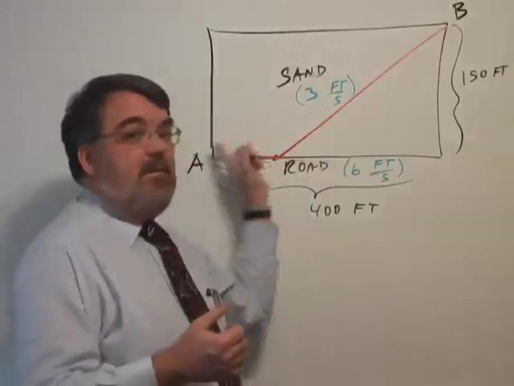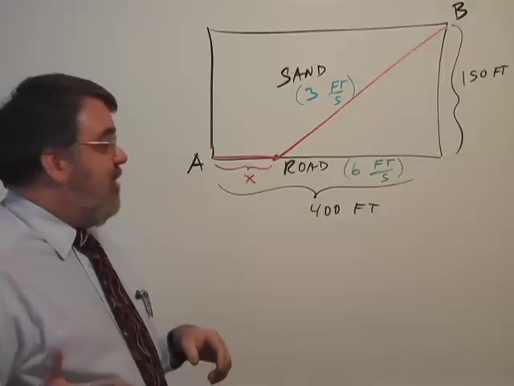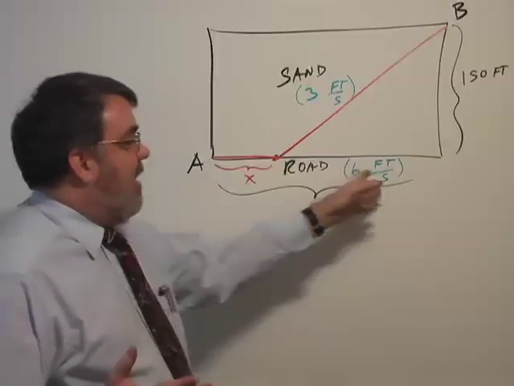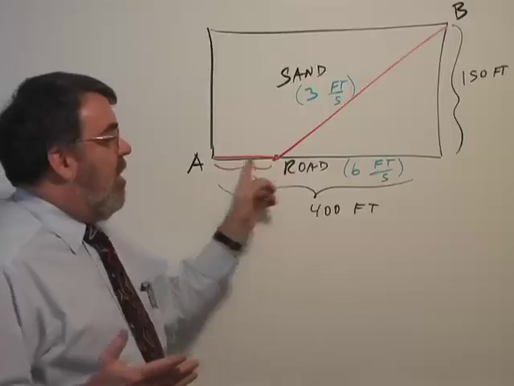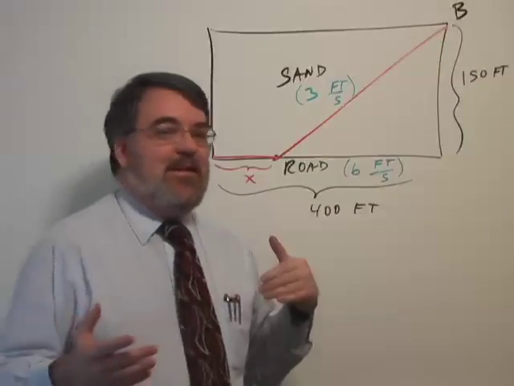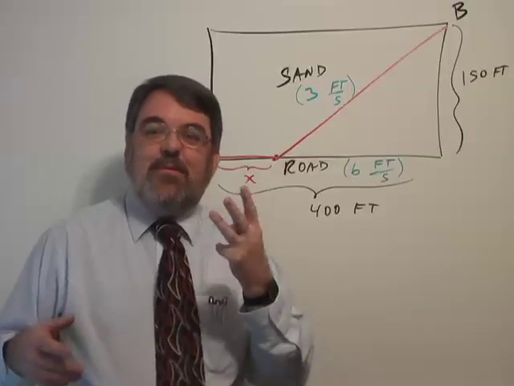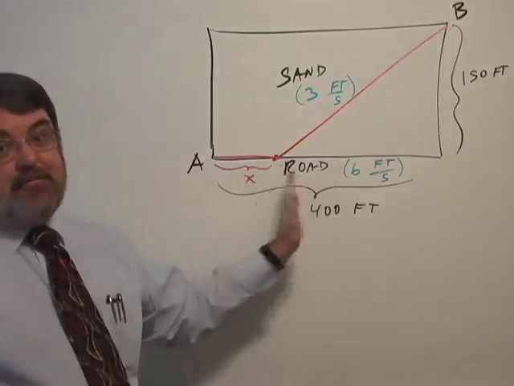I'll just go all along the sand. Reasonable solution number 2 is, well, look, it's a lot faster walking along the road, so I'll just walk along the road as far as I can before I have to walk along the sand, so I'll make the sand distance the shortest. So that's reasonable solution 2. Reasonable solution 3 is somewhere in between.